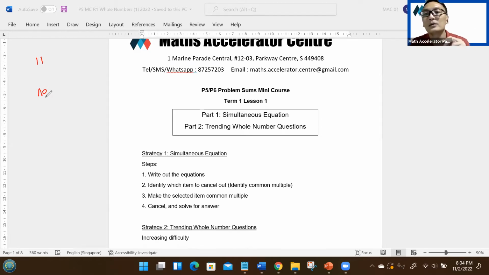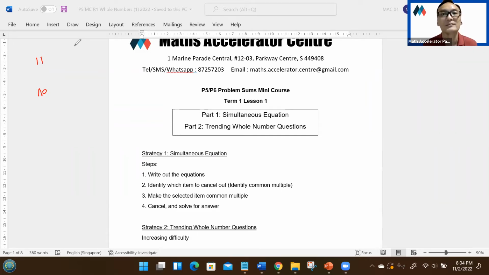If you have not printed out the worksheet, it's fine. You can read off the screen as I go through, but try not to copy the question. That's not the important thing. You can download the worksheets during your free time. The most important thing is to participate in the discussion so that you learn something, instead of being busy copying. When you copy, you'll be lagging behind the rest already.